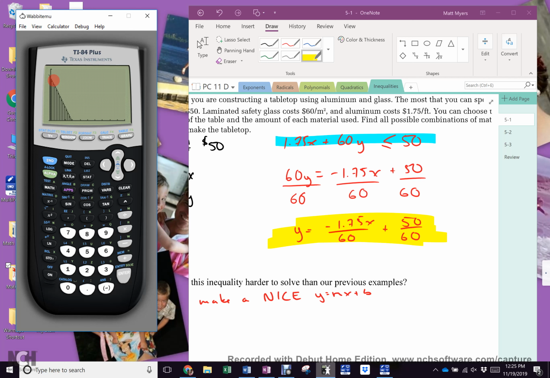But if I buy 5/6 of a meter, can I afford any aluminum? So I can't even buy 5/6, can I? Even though this is greater than, less than, or equal to, is that actual point allowed? Yes or no? No, because I have to buy some of each, don't I? So the most glass I can buy by our list.